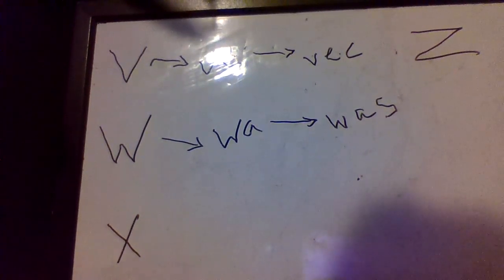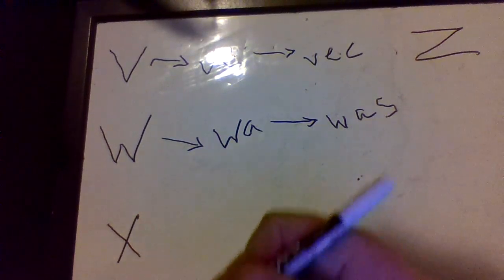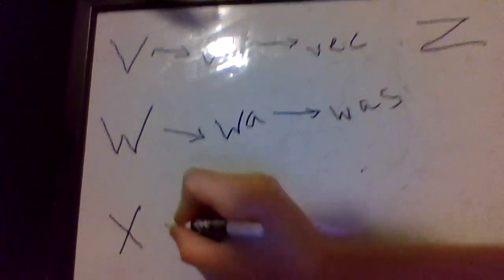So now we're going to talk about a real funky letter, X. So X is kind of a mimic of Z. X says Z. So X usually comes at the end of words.